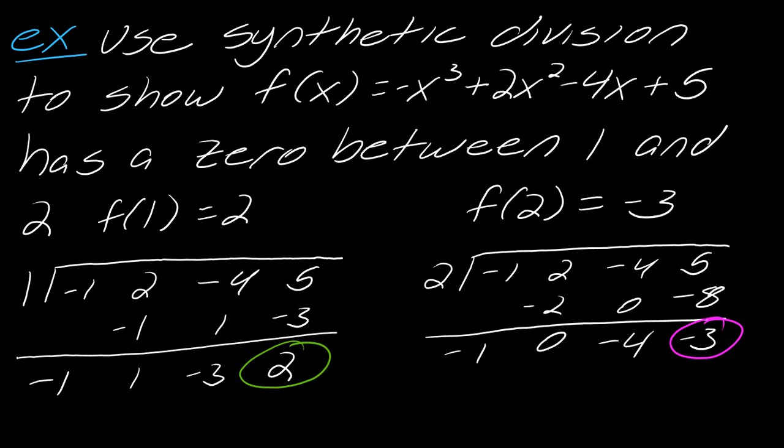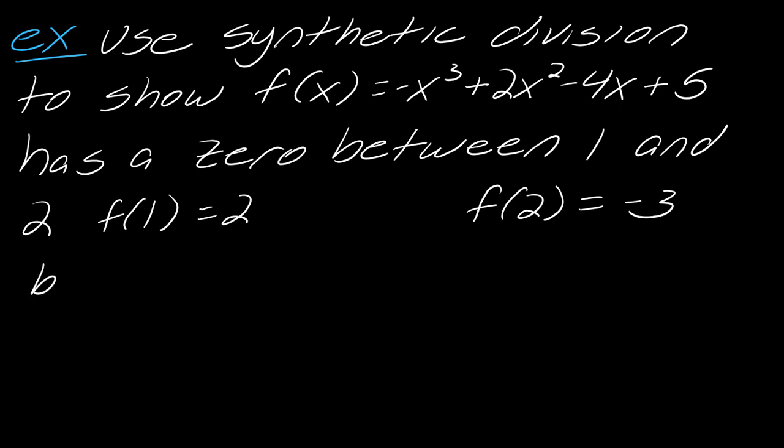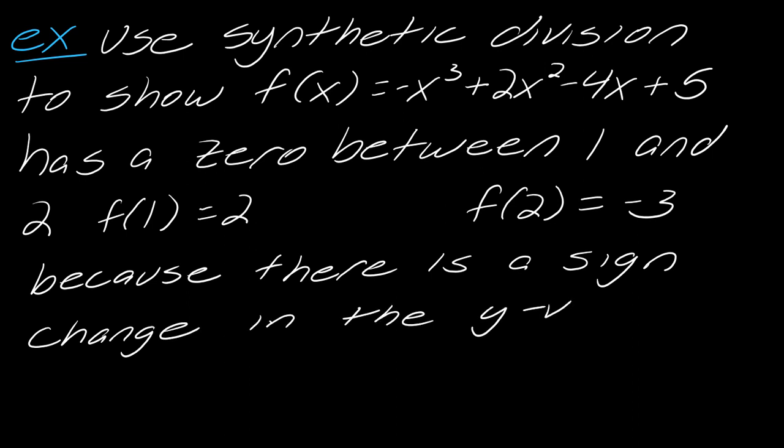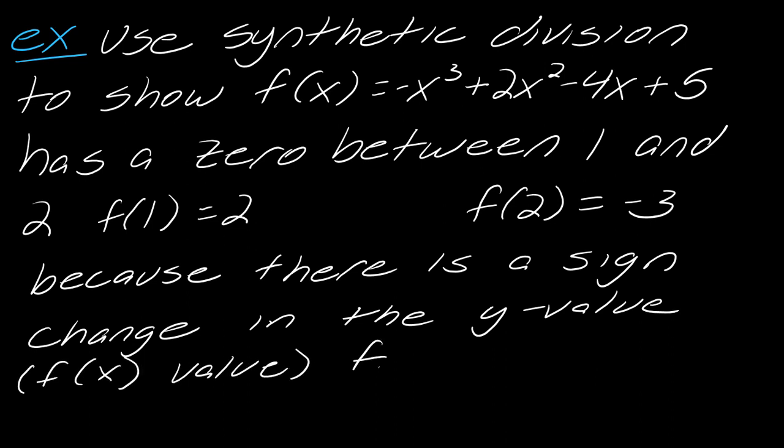So because there is a sign change in the y value, or you could say the f of x value, whichever one you want to say, from 1 to 2.